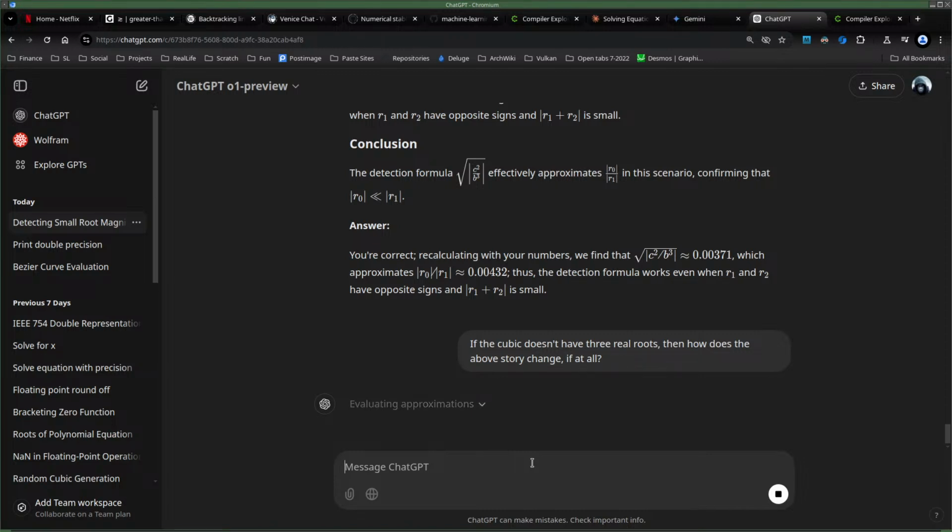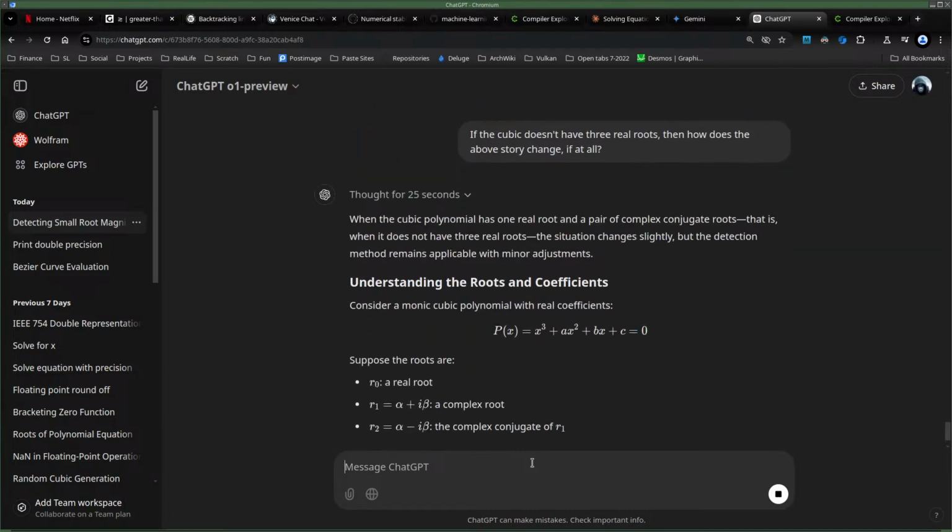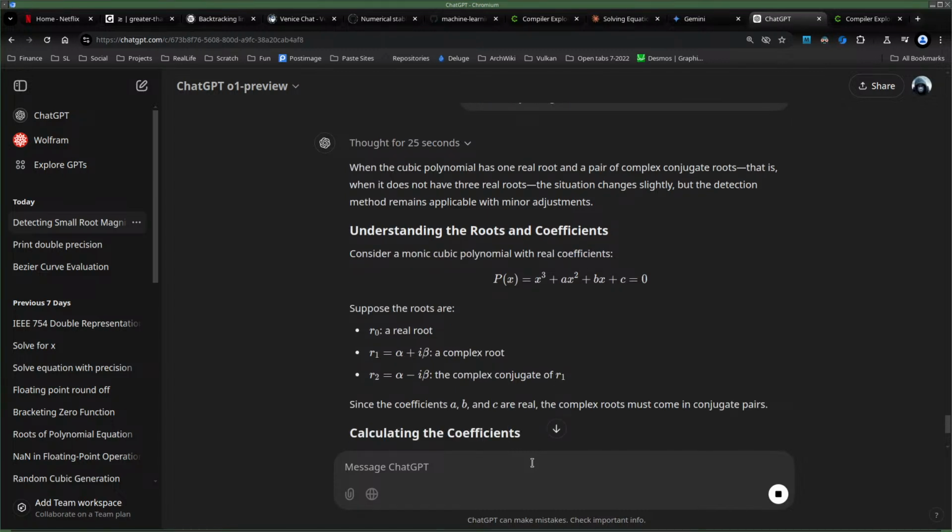I think that a cubic has always one real root, and the other two roots, which it always has, of course, it's a cubic, but the other two could be complex. They are complex conjugates of each other. So the absolute value of R1 and R2 are per definition the same as soon as they are complex.